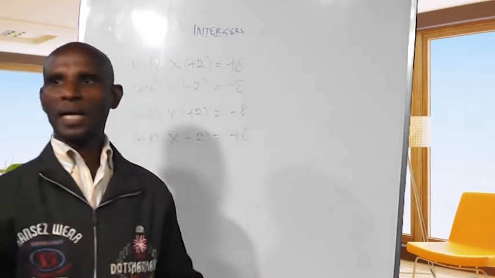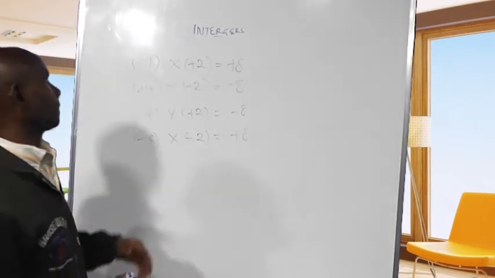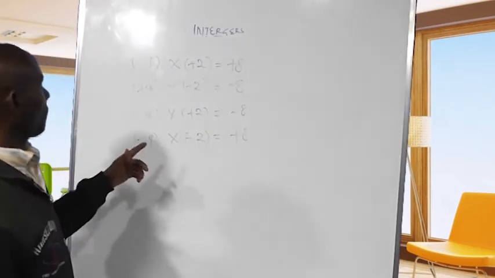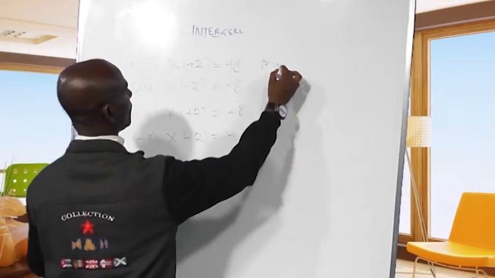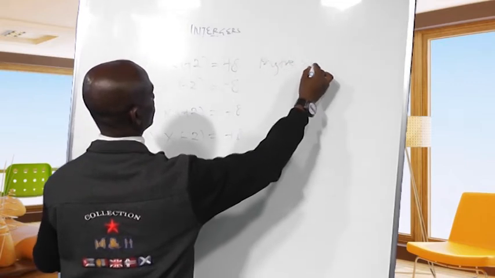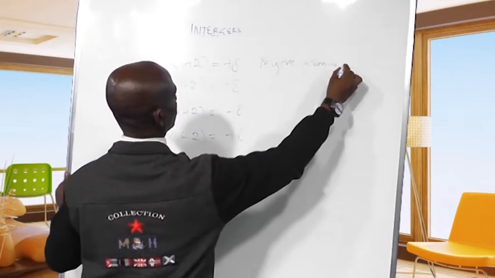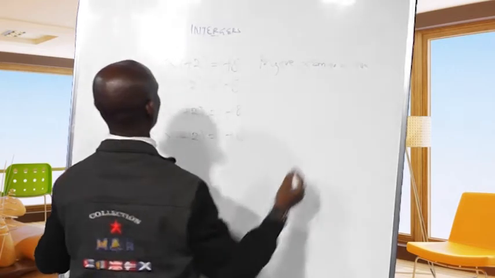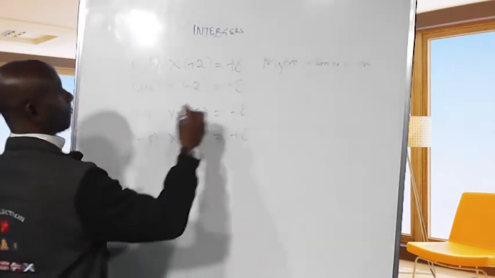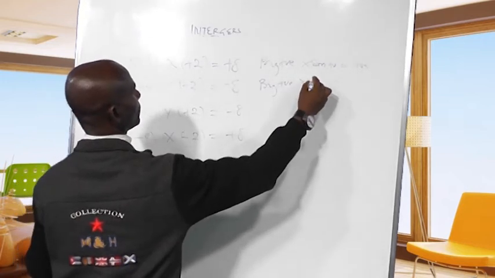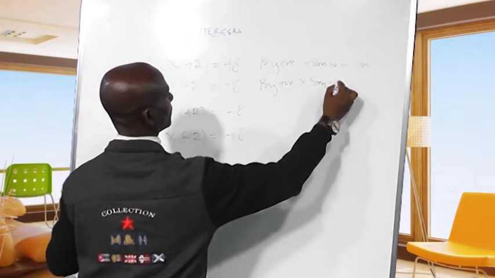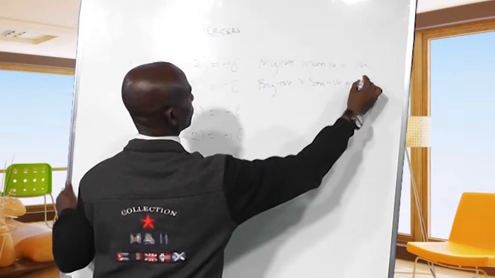We are going to look at the summary of this also. In summary, we discover that big positive times small positive will give us a positive result. Big positive times small negative is going to give us a negative result.